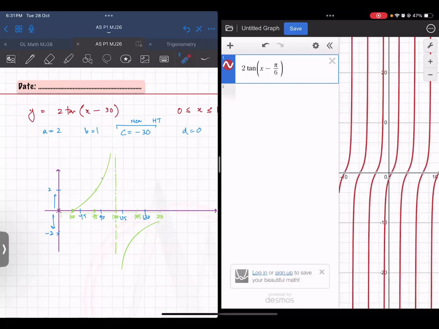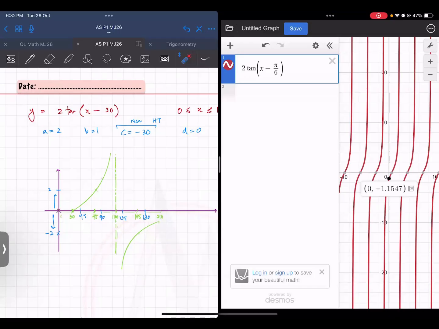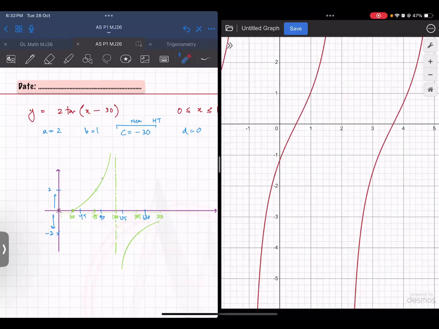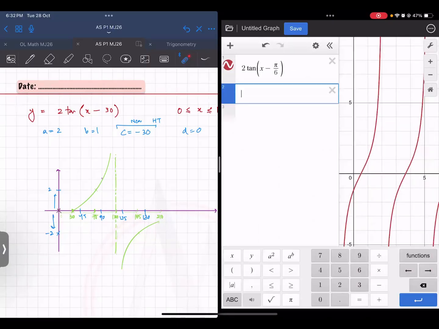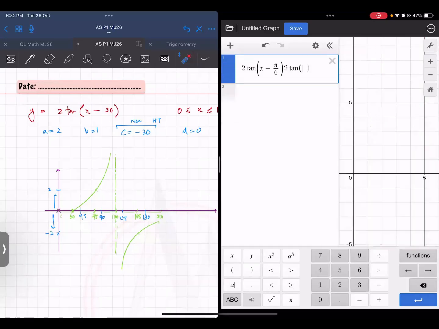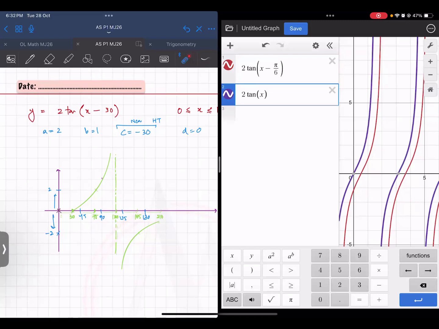So look, the graph is again slightly to the right side. Otherwise, if I forget about this 30, it is just 10x. So look at the blue graph.